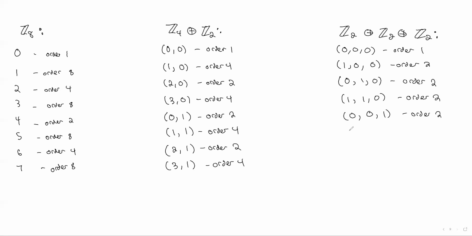They all have order 2 because it's just Z2 in each coordinate, so as soon as you add it to itself, you get 0. Only the identity has order 1. So we get (1, 0, 1), order 2. And then (0, 1, 1), order 2. (1, 1, 1), order 2. So this one was obviously different from the other ones. It only has order 2 elements.